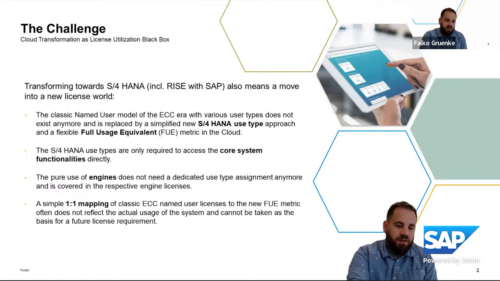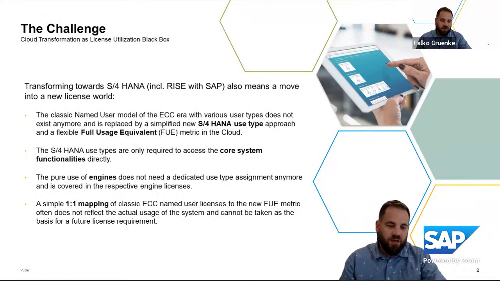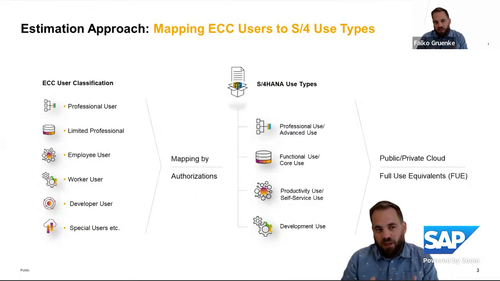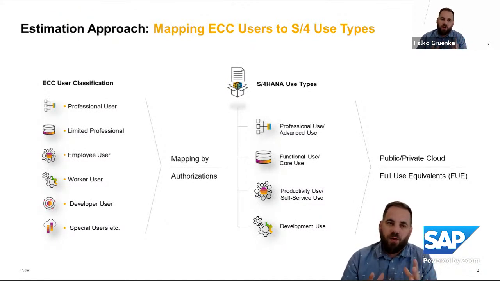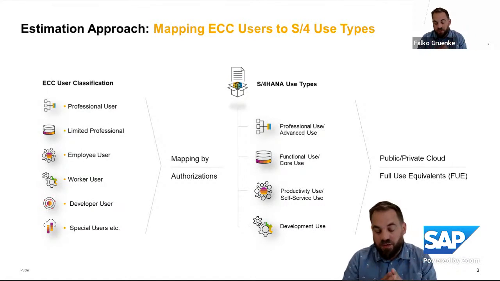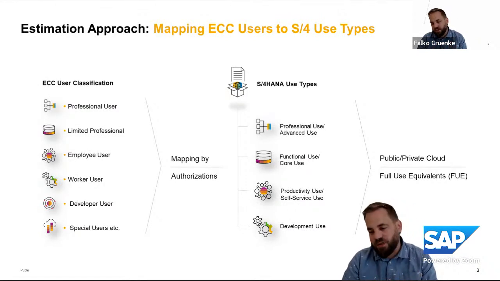So let me take you on our journey and go a little bit inside the details of our service and the tool itself. First, on a theoretical level, what we are doing with our estimation approach and the mapping is to offer a tool which you install within your current ECC or S/4 system.